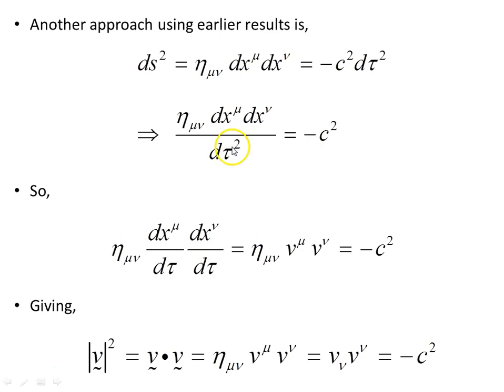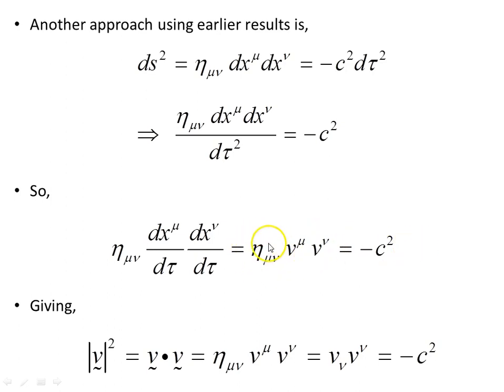Then underneath, we separate those two. Down here, d tau times d tau is d tau squared, and that gives us the component of the velocity vector, the vector that is tangent to the world line of the object. So here we go, eta mu nu, v upper nu, is minus c squared.